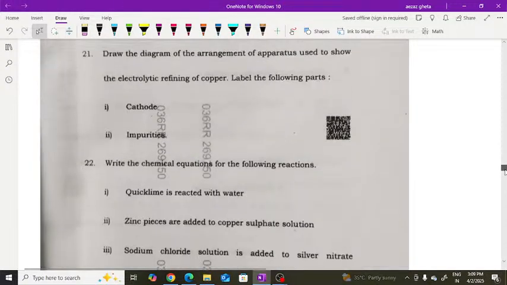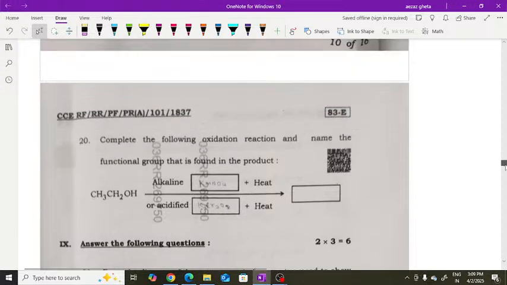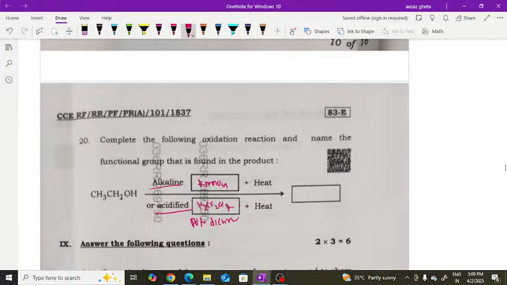Now, 20th. Complete the following oxidation reaction and name the functional group found in the product. Alcohol, with alkaline potassium permanganate or acidified K2Cr2O7. You can write potassium dichromate in words also; it is not compulsory.